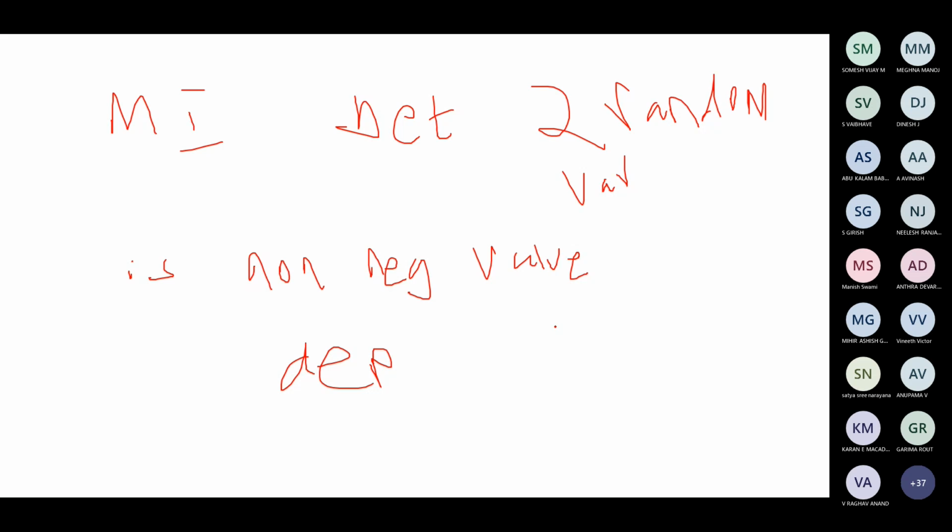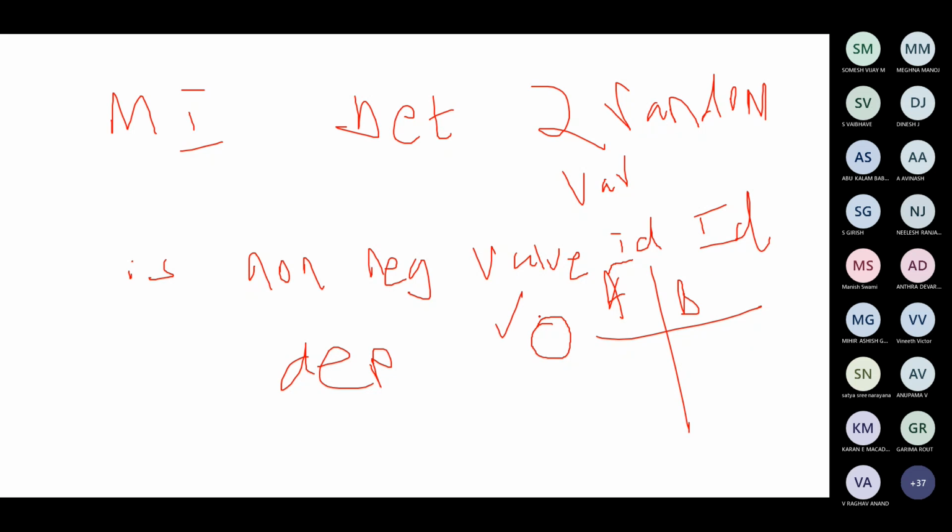If the value is 0, it means that A and B are highly independent. It's very good for the data set. If the value is 0, it means that they don't have a relationship between each other and there is no duplication.